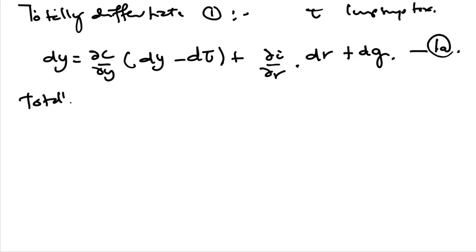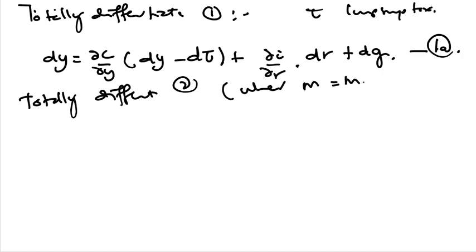Totally differentiate too, where M over P is constant, because we don't want to talk about the change in money supply, otherwise we are incorporating money supply in this analysis. So we fix the money supply. So when we differentiate, rearrange and whatnot, I skip the step, but you have to show it.